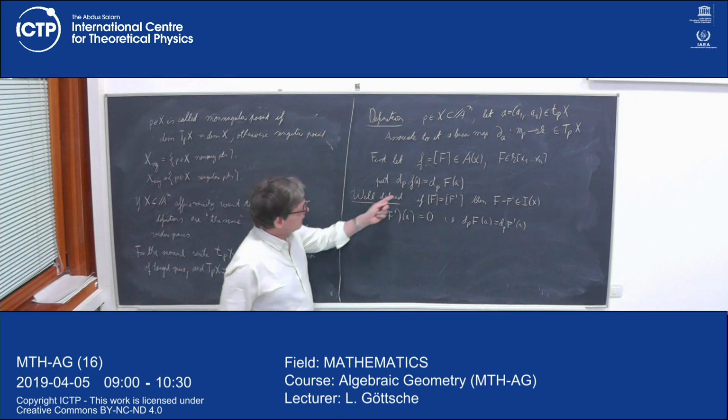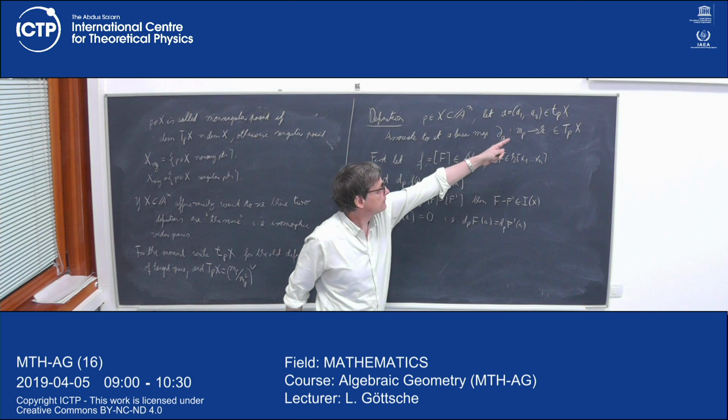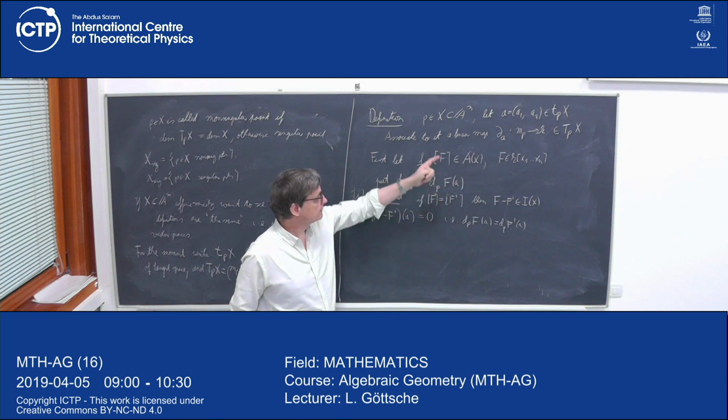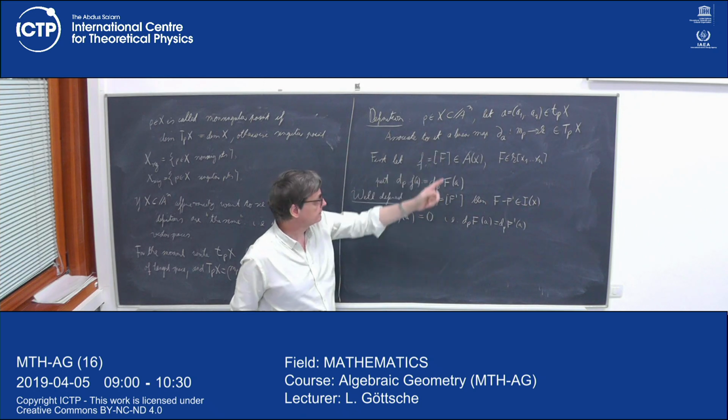So you see, for an element in this tangent space, small tpx, this does not depend on the representative. Obviously, if we are not in the tangent space tpx, it would depend.